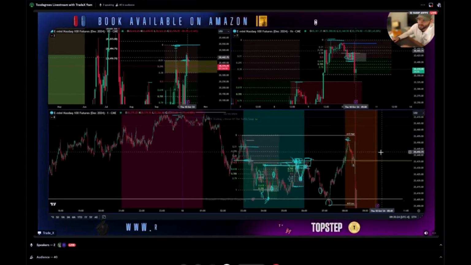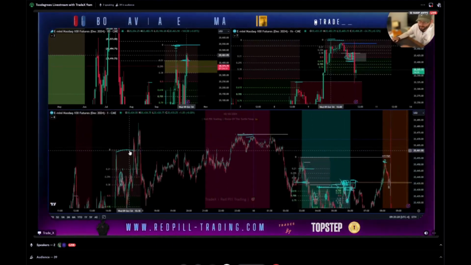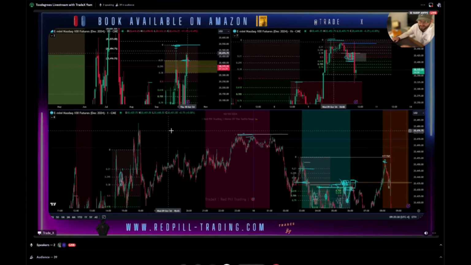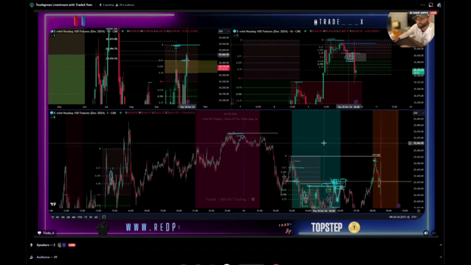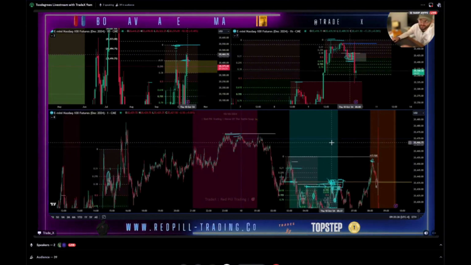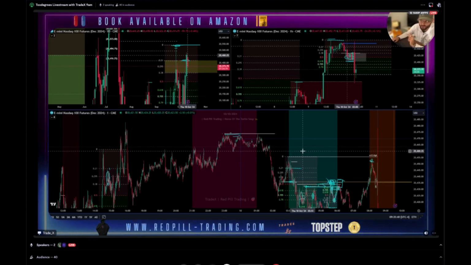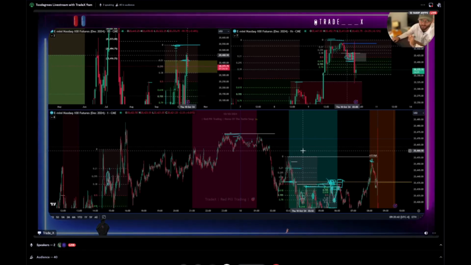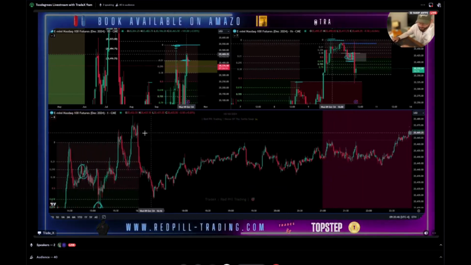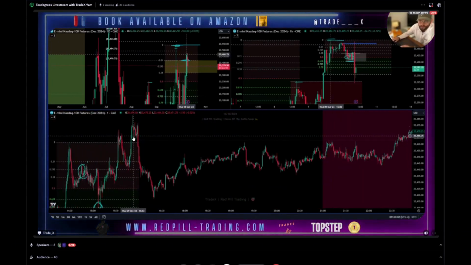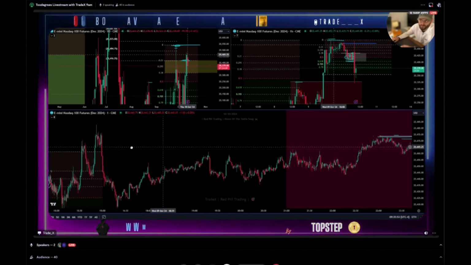Okay, so just to give you guys a little lesson on one of my models, which is mitigation 62. If you're ever going to trade an OTE trade, and this is different to X levels, what I'm about to show you is the low. You go to your 15-second chart inside of here, and you'll have a break of structure on the 15 seconds.